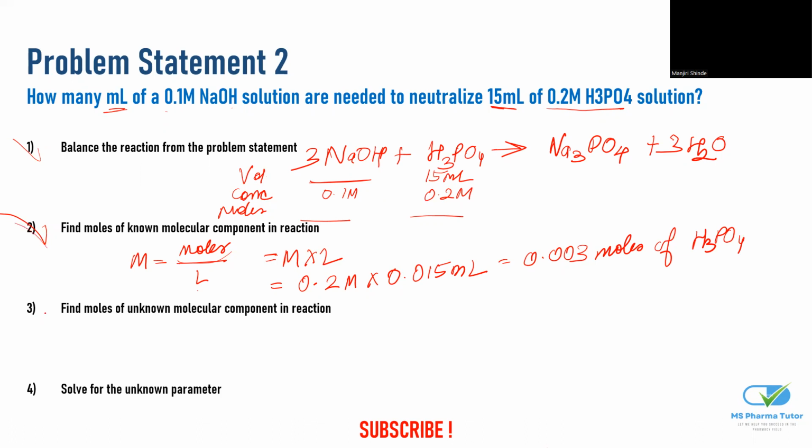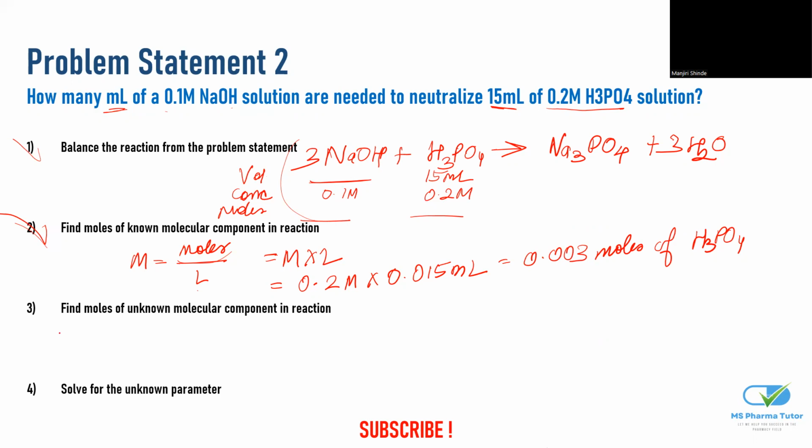So this second step has been established. Now about the third step. In the third step, we need to find the moles of the unknown molecular component. So the unknown molecular component is your volume, and this is our unknown solution.